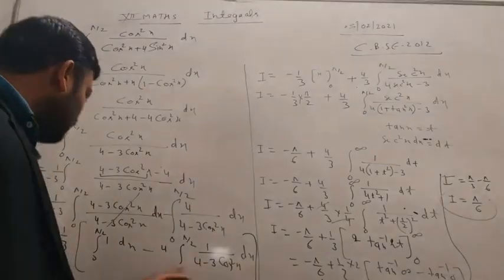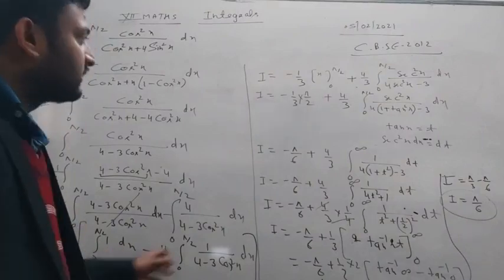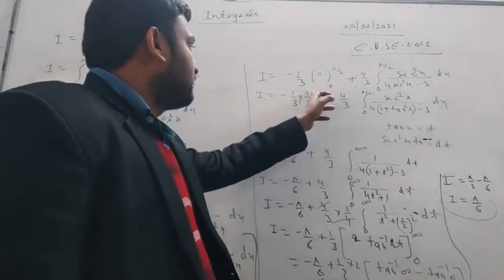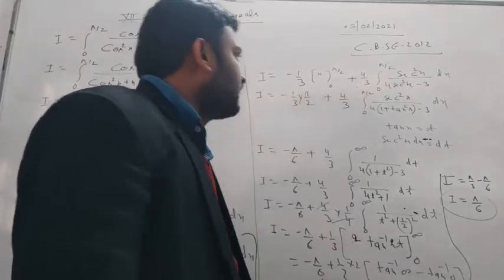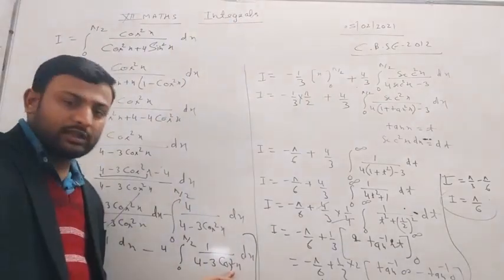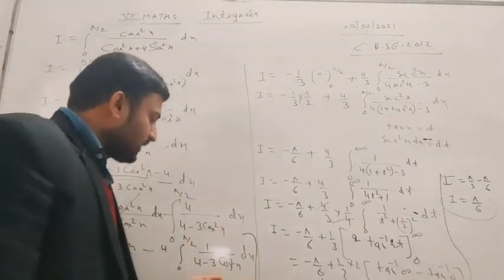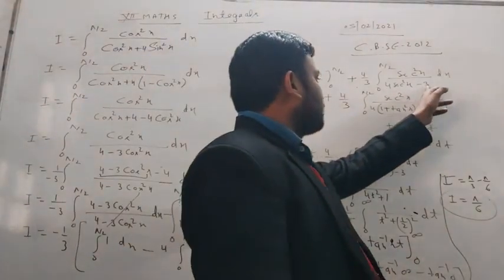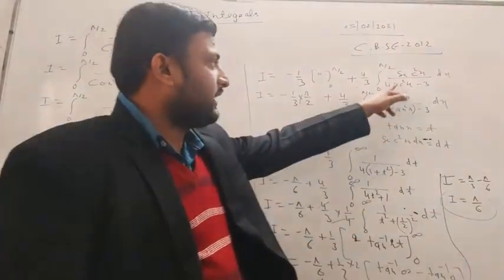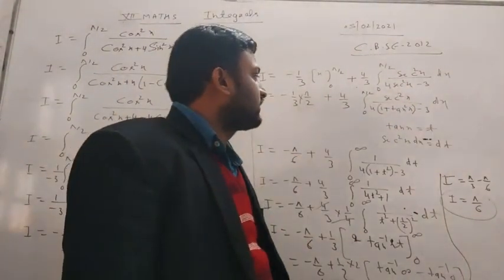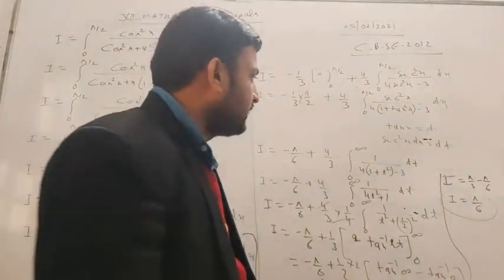Okay students, now our I is minus 1 by 3, and this is x, 0 to pi by 2, so we get minus pi by 6 from here, and this is 4 by 3 students, and this cos square x we are dividing in numerator and denominator by cos square x. We are getting 4 sec square x minus 3, and here sec square x. Now this sec square x we can write 1 plus tan square x students, and let tan x is t, sec square x dx is equal to dt.